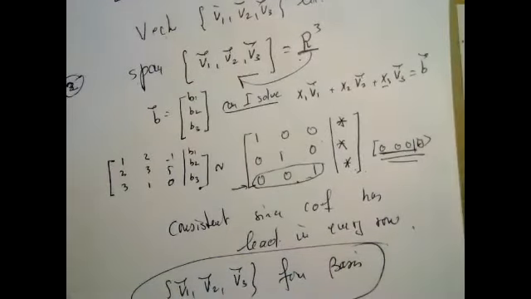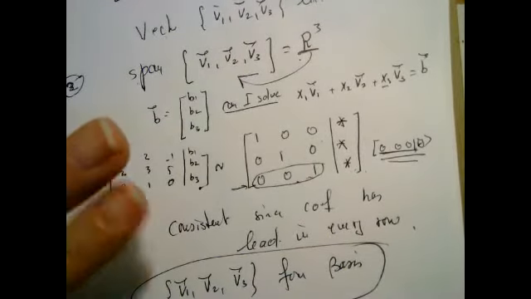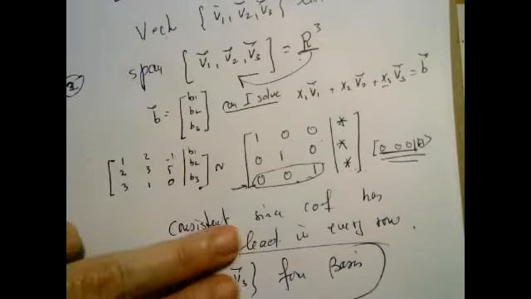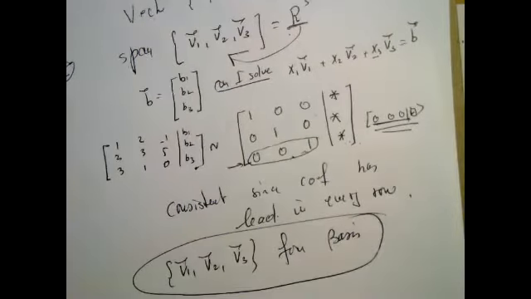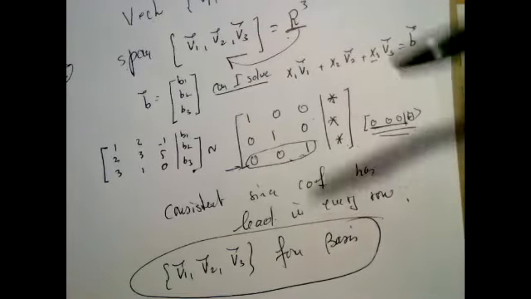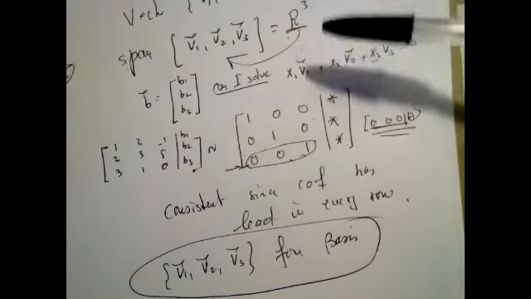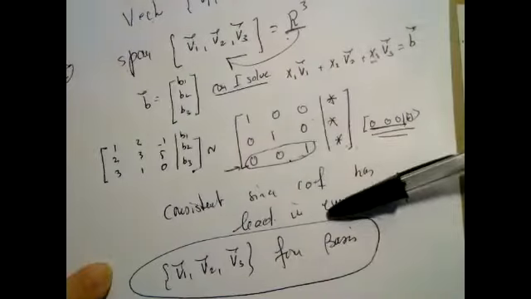And this will bring us to the theorem. Any three linearly independent vectors in R3 form a basis for R3. They are linearly independent and they cover R3 because of this reasoning. So we can have this again now as a rule if you want.